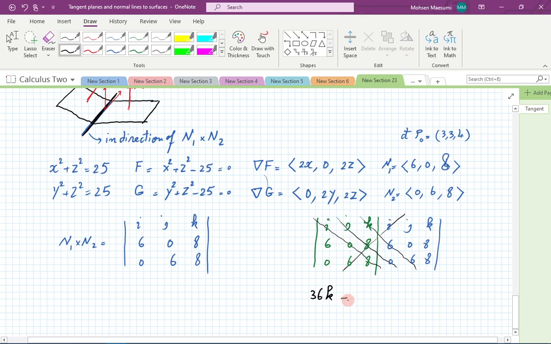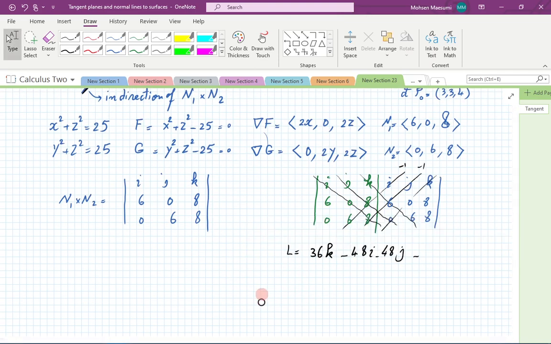Yeah, I forgot my multiplication. So you have to multiply by minus 1, so minus 48i, and again minus 48j, and then this is double 0. So that is going to be the vector that's the cross product of these two.